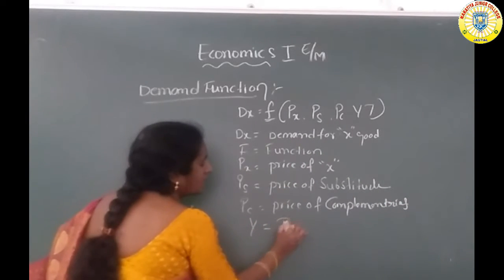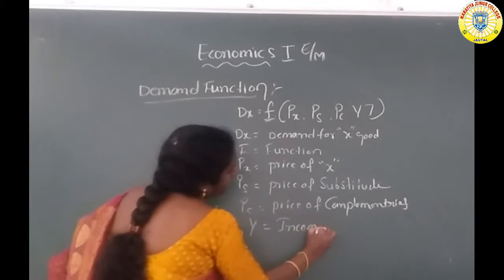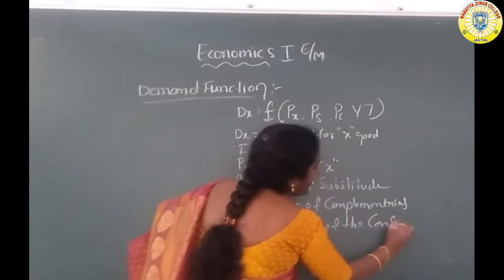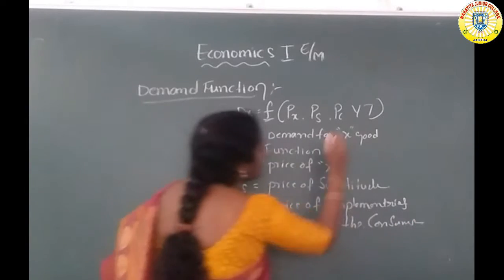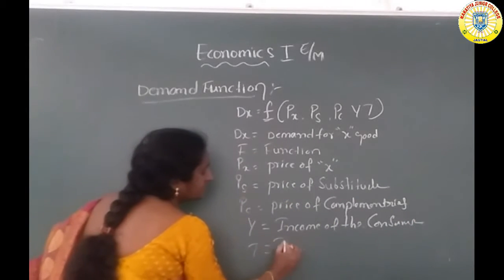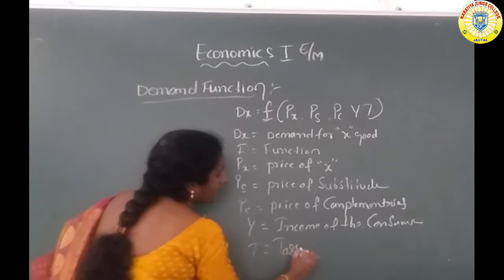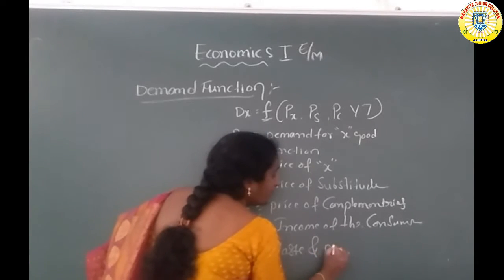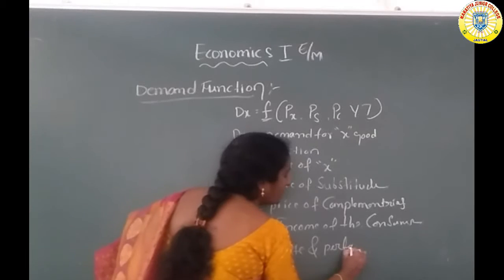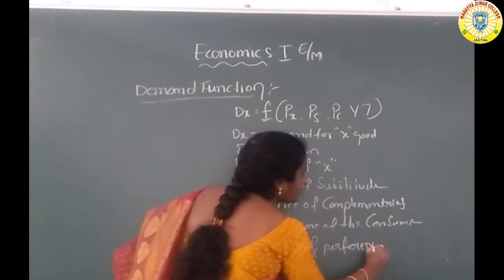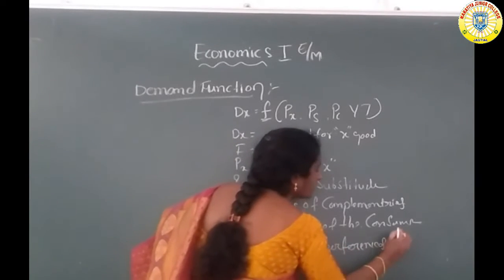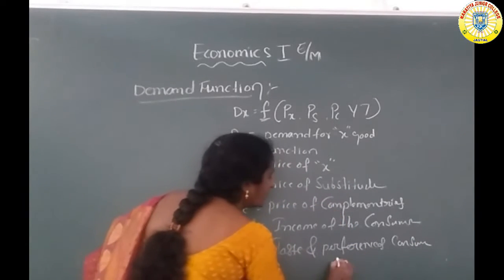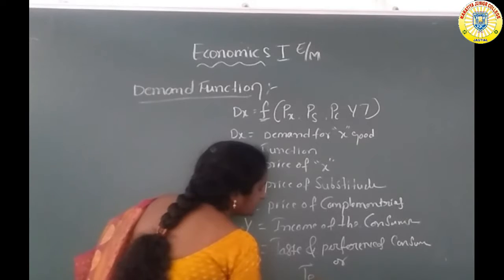Y means income of the consumer. T means taste and preference of the consumer or state of technology.